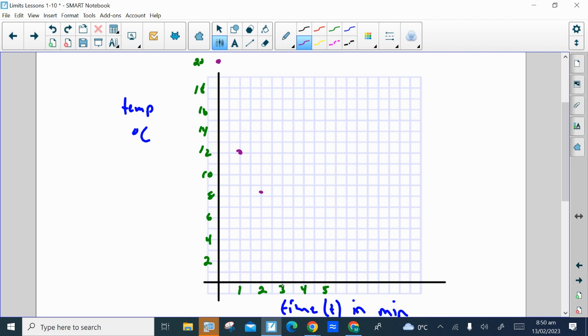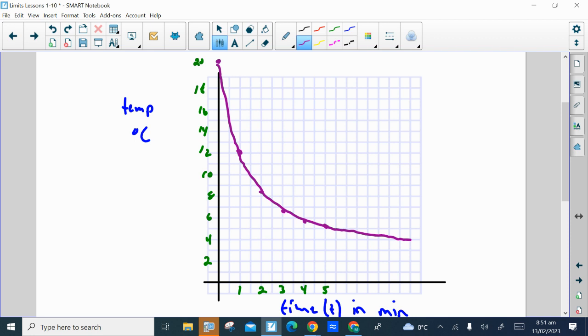Let's do 3, 6.5. 4, 5.7. And 5, 5.3. Right?